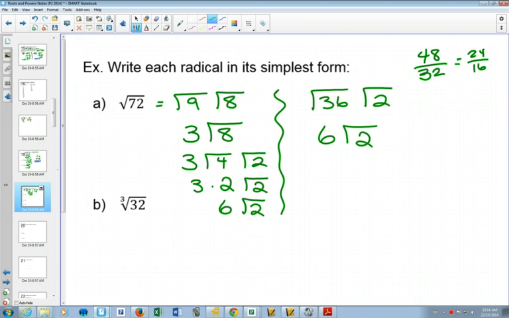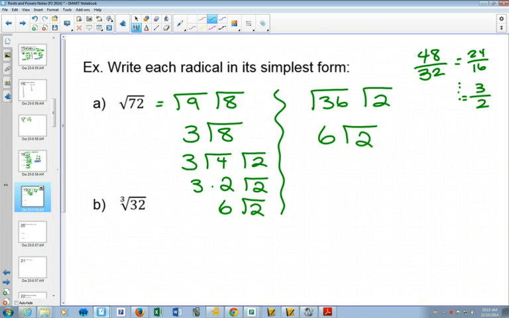Same thing happens with radicals. You have to keep simplifying it till it's a mixed radical in its lowest terms, until there are no more perfect squares or perfect cubes or whatever the radical is inside in there.